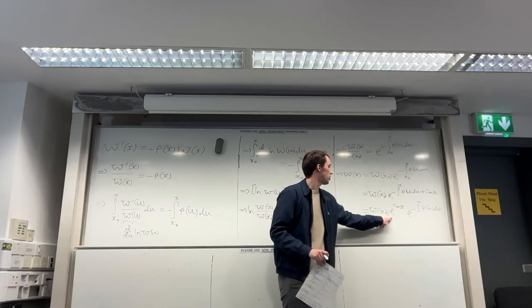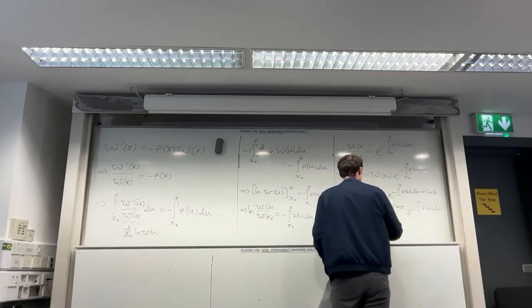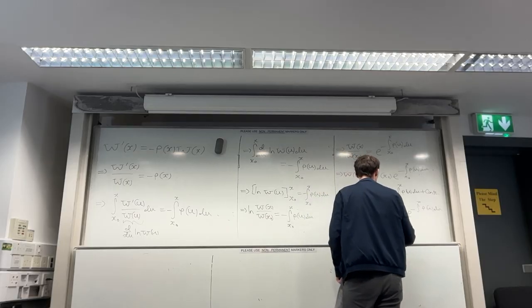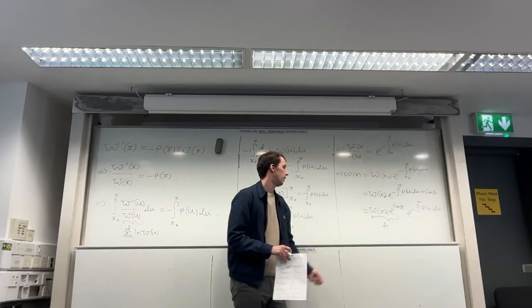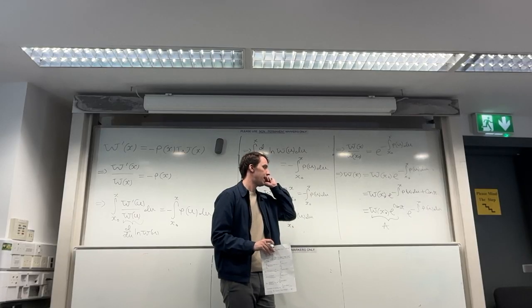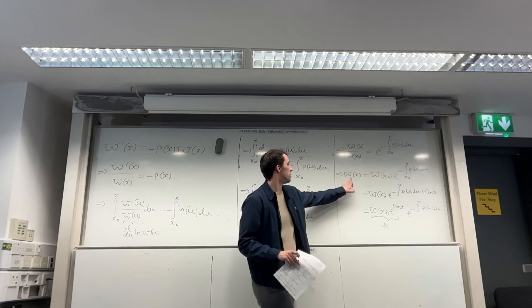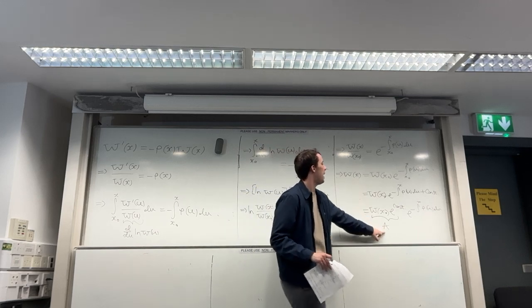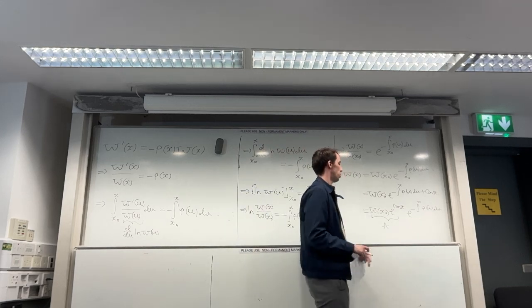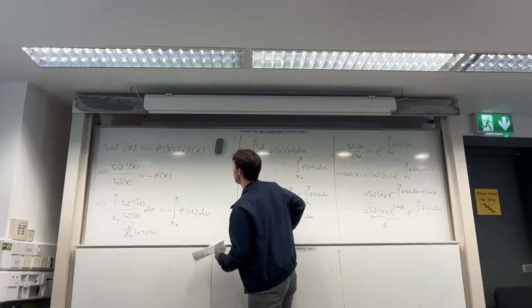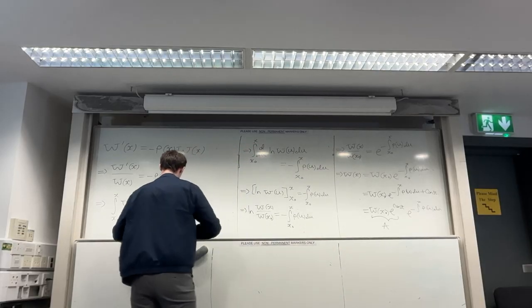So these first two terms are all just one constant, and let's call it A for the sake of notational simplicity. In other words, W of x is just going to be A times this exponential term. So let's transcribe that on the next board.